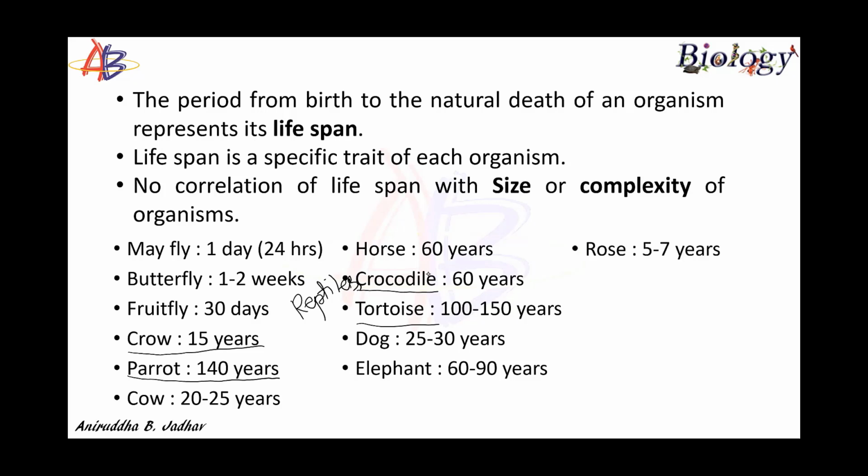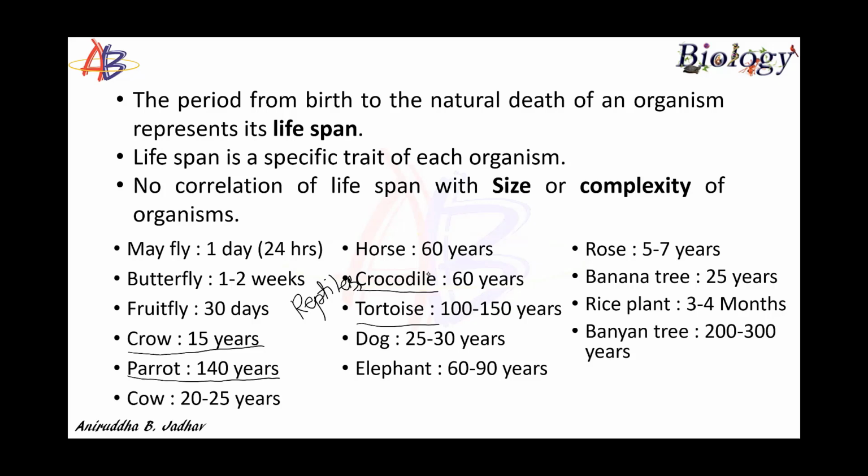Rose plant has a lifespan of around 5 to 7 years. The banana tree has a lifespan of around 25 years. Rice plant has a lifespan of around 3 to 4 years. Banyan tree has a lifespan of around 200 to 300 years. In the plant kingdom, in fact, there are many species, mostly belonging to gymnosperms, having lifespans of thousands of years.